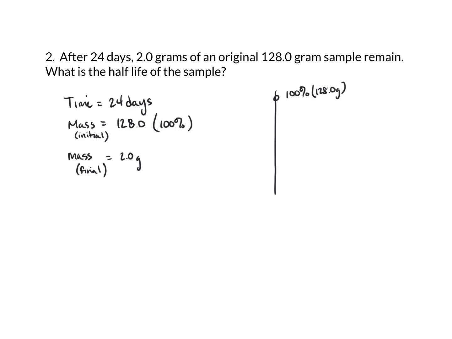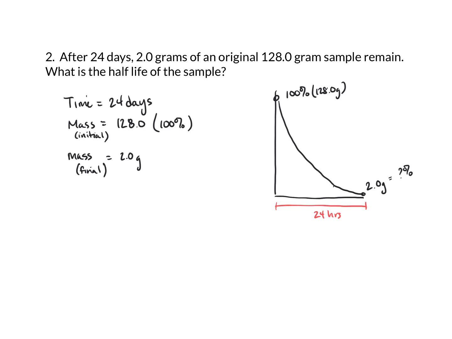And then this is going to go all the way down to somewhere down here, which is going to be 2.0 grams, which represents some percentage. Okay, so we need to figure out where that half-life is, because this entire time is 24 days.